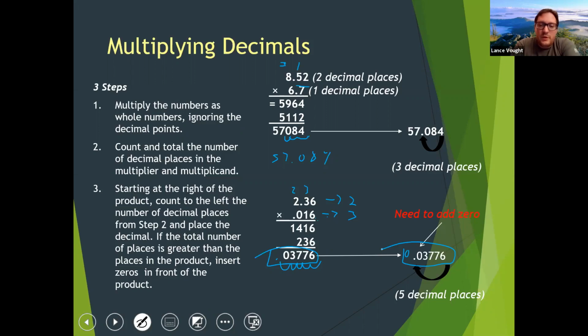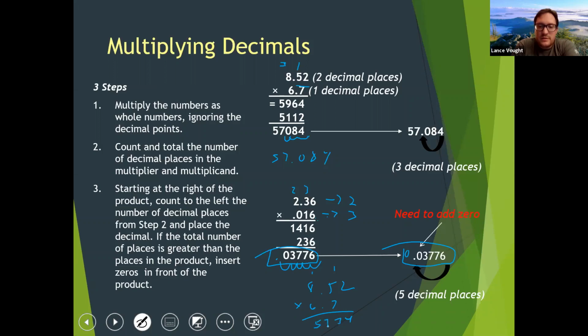So my old way was, in this case, if you do 8.52 times 6.7, you can do it either way, so it's consistent. 14, 1, 13, 1, 57.